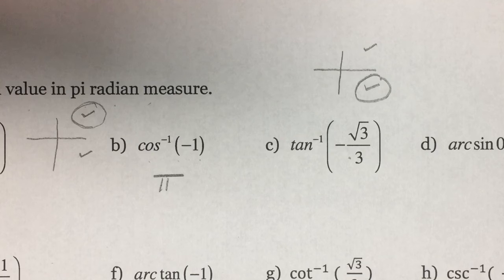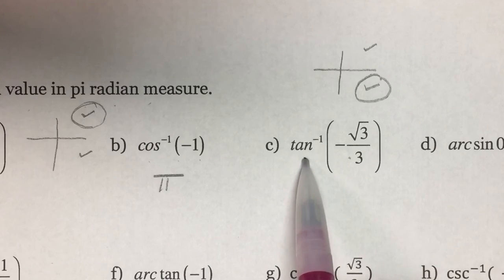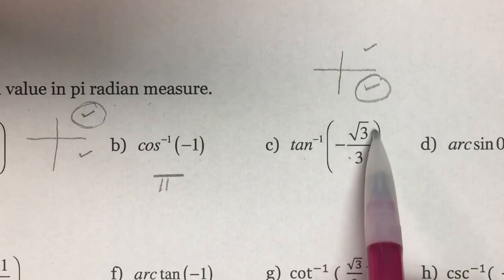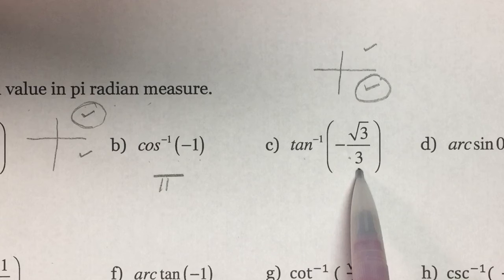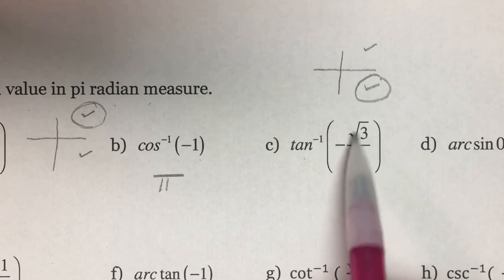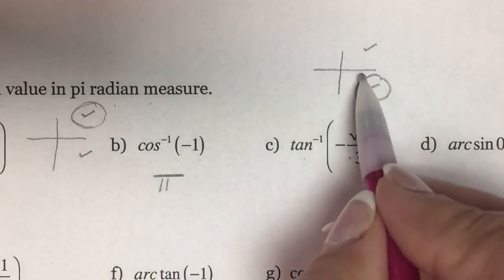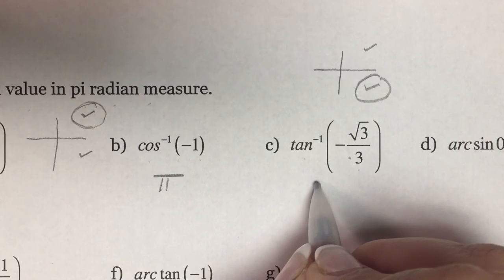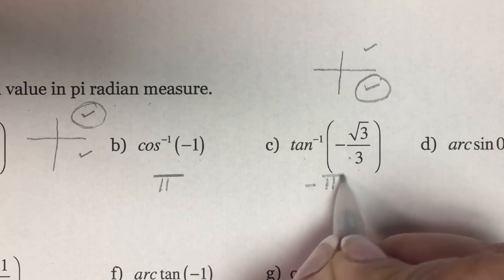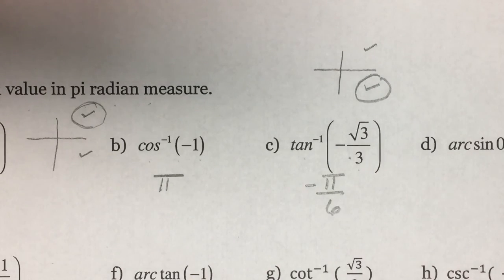So when it says what angle has a tangent of negative root 3 over 3, well, I know that my 30-degree angle or my pi 6 angle has a tangent of negative root 3 over 3. I need to have it in the fourth quadrant, so I'm going to call it negative pi 6.